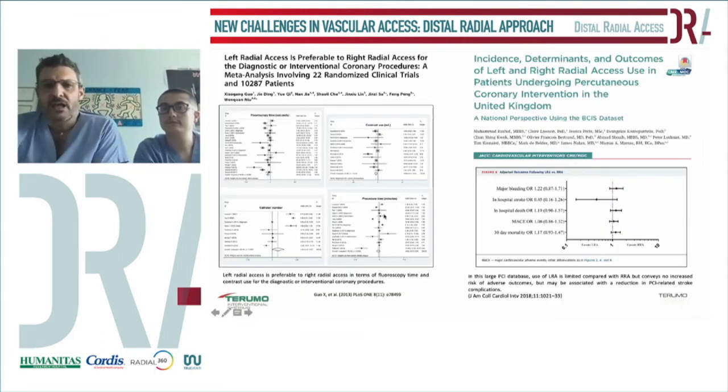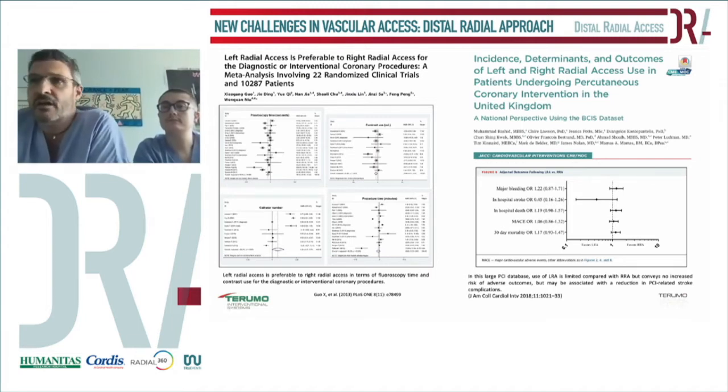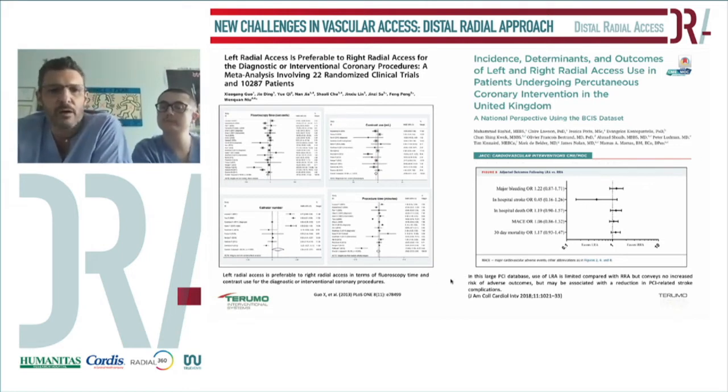So if we look at this data that compares the left transradial with the right transradial access, one of the advantages of using left radial access is a reduction in terms of fluoroscopy and contrast use, because it's easier to engage the coronary ostium using the left radial access.